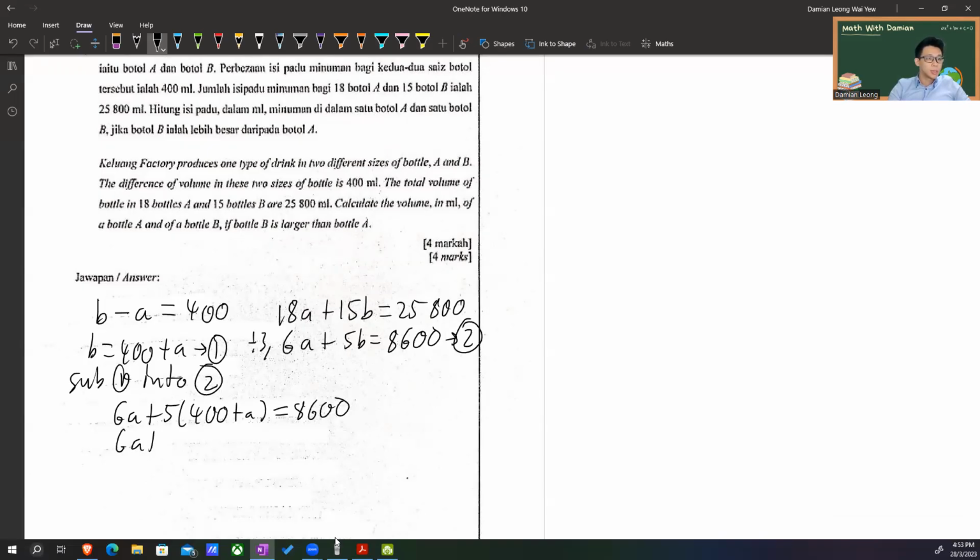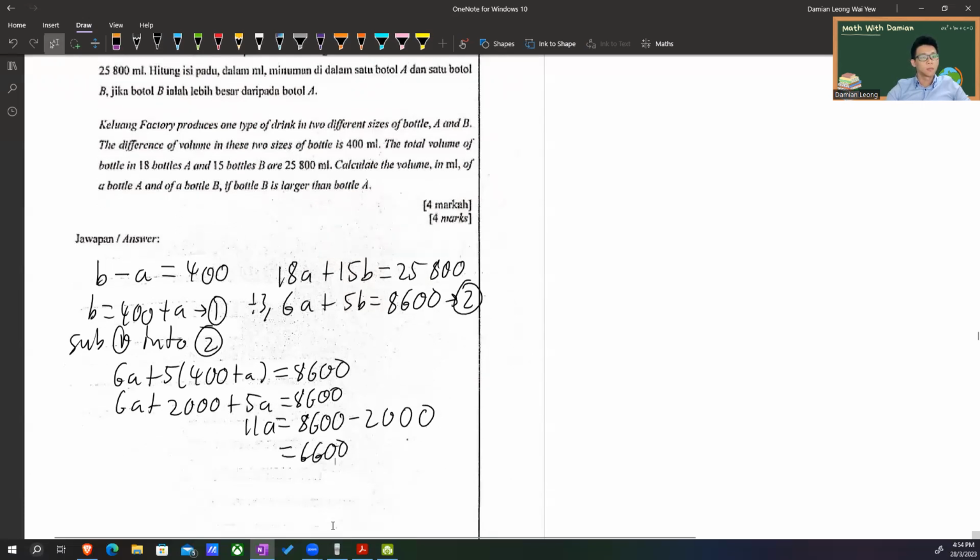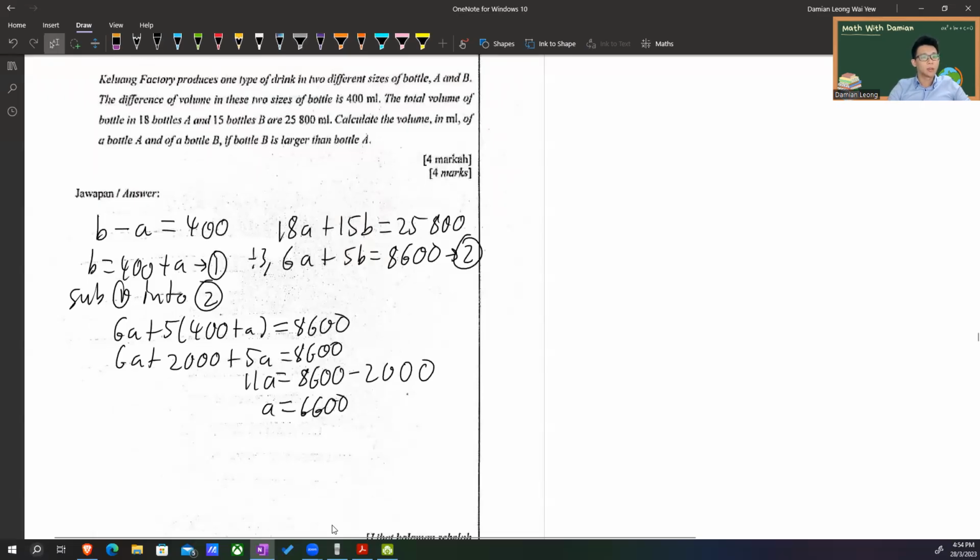Times in, 6A plus 2,000 plus 5A is 8,600. Bring over the 2,000, positive becomes minus. 6A plus 5A, 11A. 8,600 minus 2,000 is 6,600. Bring over the 11, times becomes opposite, divide 11. So A is 600.